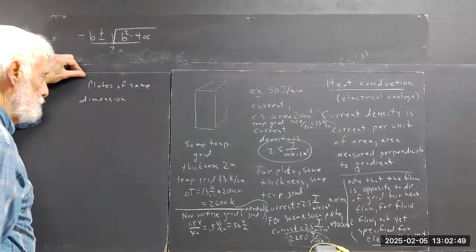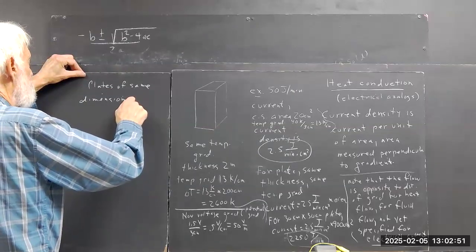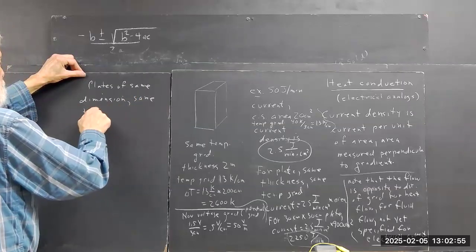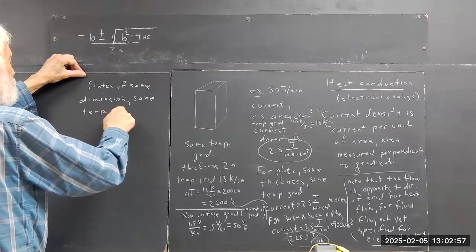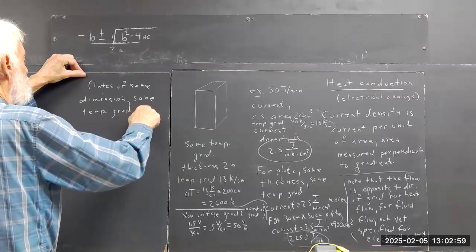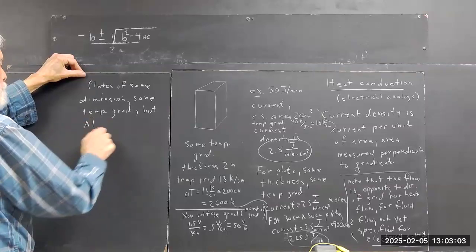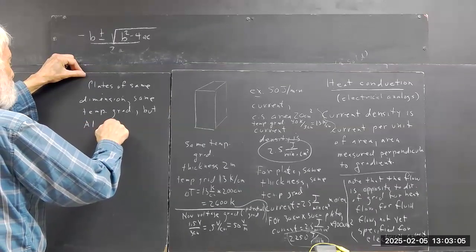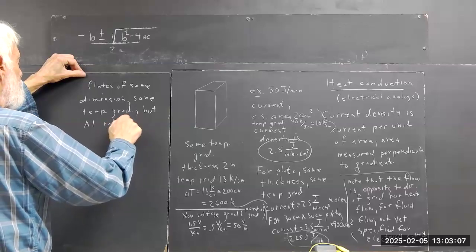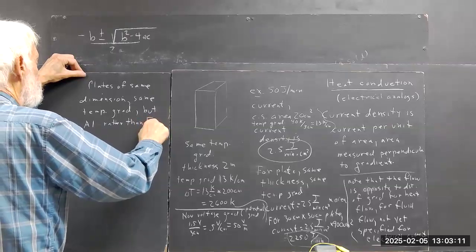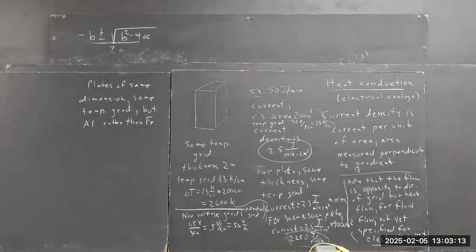More plates of the same dimension. Al for aluminum. Yep, Fe for iron, because that's basically what the steel is.